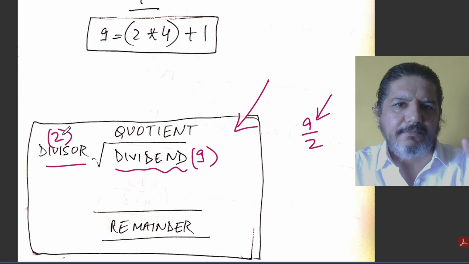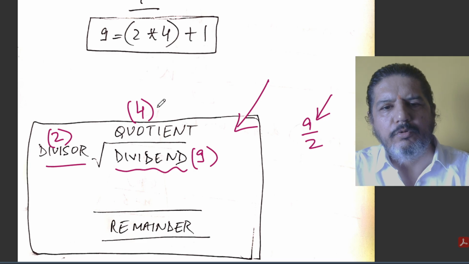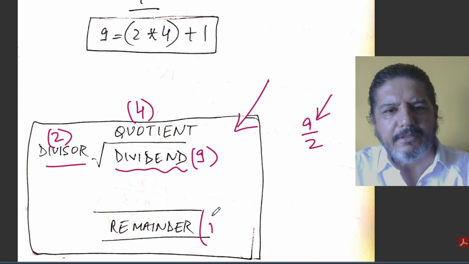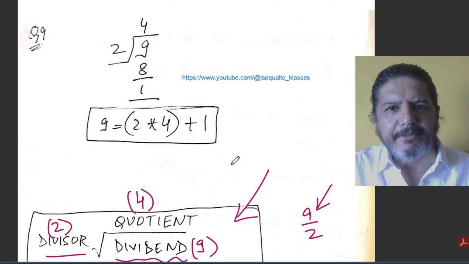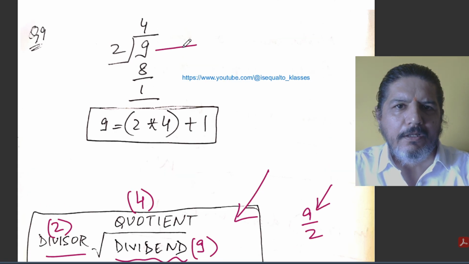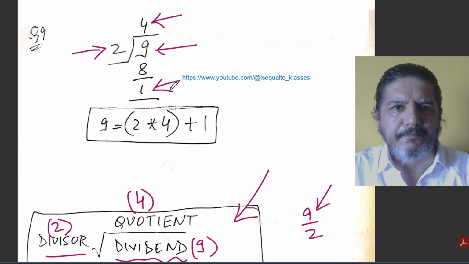So 2 is dividing 9. Now whatever you write here, in this case the quotient would be 4, and then the remainder. So this is how it is written. So this is the dividend, this is the divisor, this is the quotient, and this is the remainder.